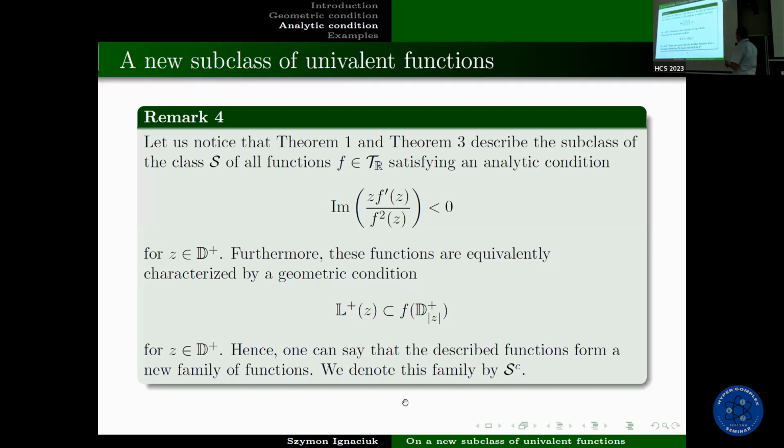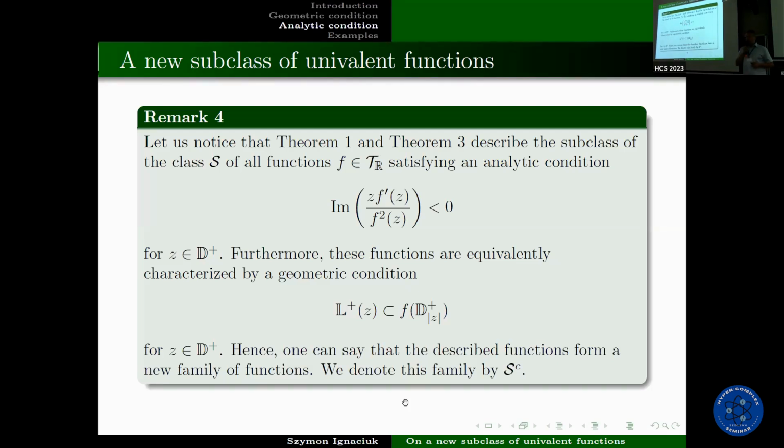So, because the Taylor series of function f starts from z, if we had here the same power, so f would be squared and z would be squared, then we would be able to transform this condition in such a way that we would have a real part greater than 0. And this transformed expression would be a formula of a function with positive real part.